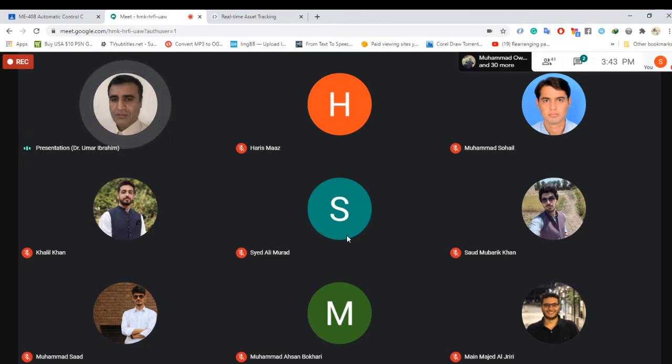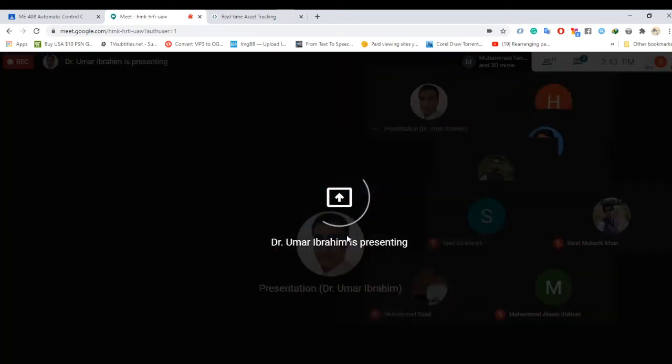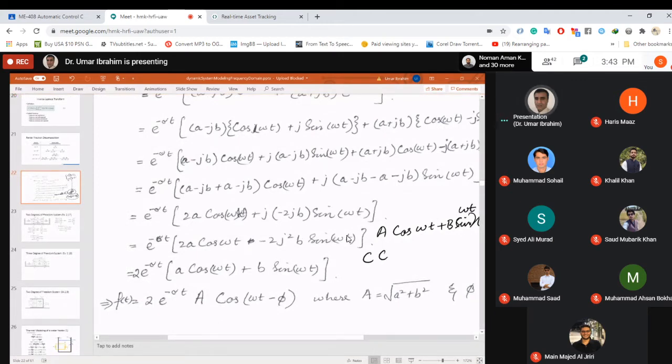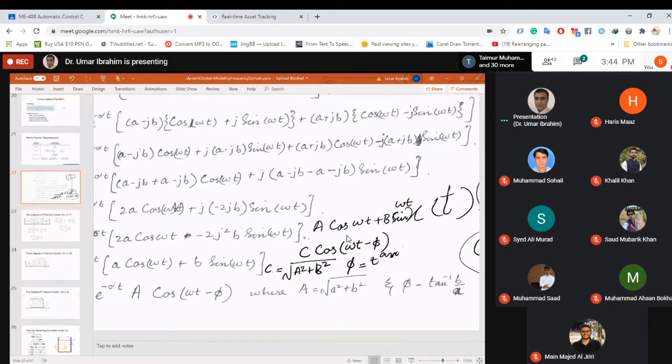See, we have a formula that says that A cos omega t plus B sine omega t is equal to C cos(omega t minus phi), where C is equal to the square root of A square plus B square, and phi is equal to tangent inverse of B over A. Okay?